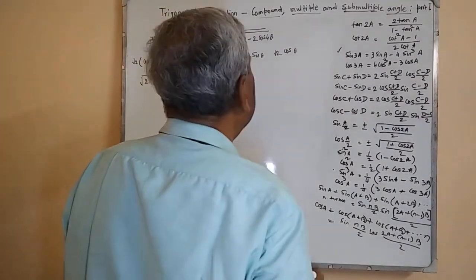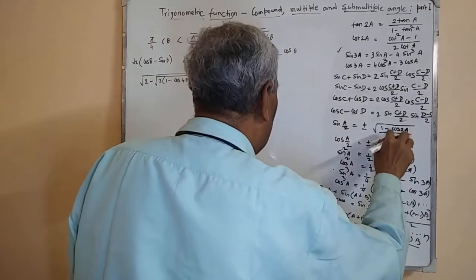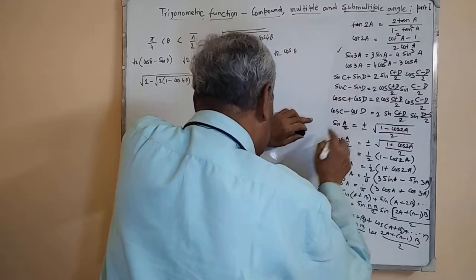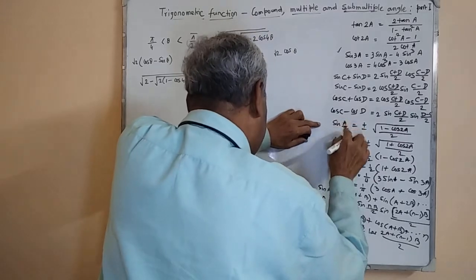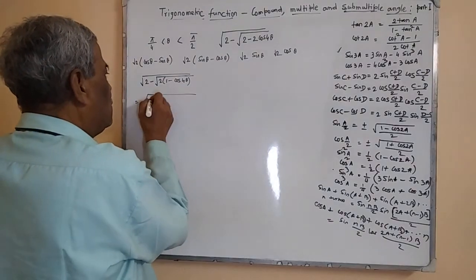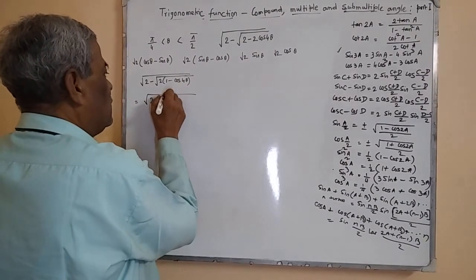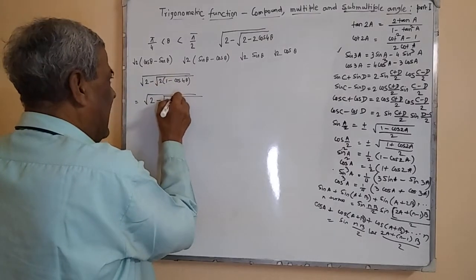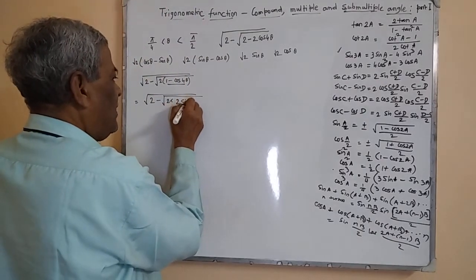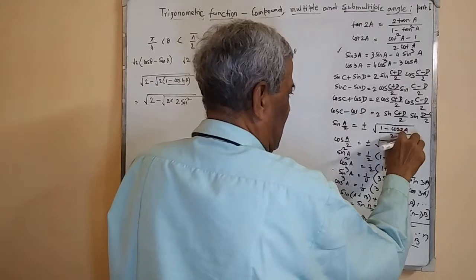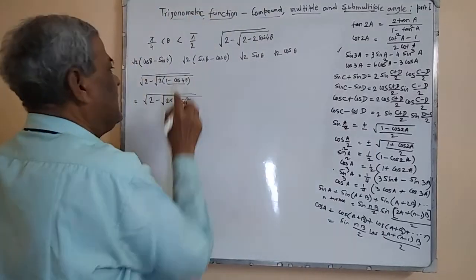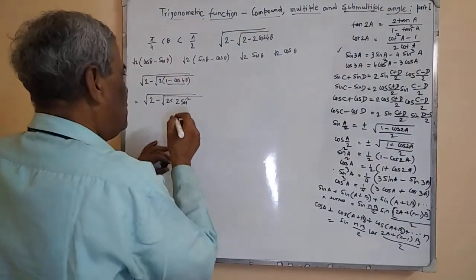The 1 minus cos 4 theta is equal to 2 sine square a by 2, with a being 4 theta, so it will be 2 theta.